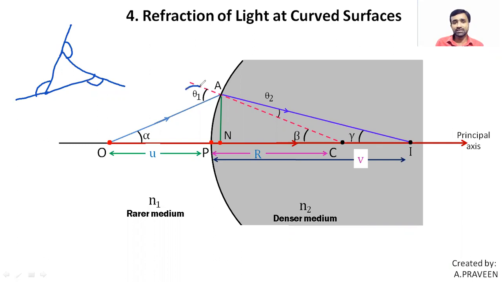Is this theta1 an exterior angle? Because at the vertex A, we have that. For which triangle is that? Theta1 is exterior or not? It is an exterior angle because it is in the triangle.